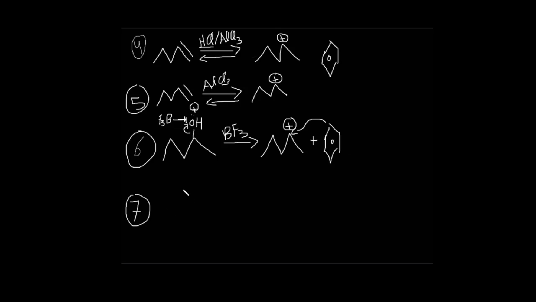Okay, and the last variation is actually the Friedel Crafts acylation, because we form an acyl group and not an alkyl group. So when you react your benzene with an acid anhydride, let's say we had CH3, so this is an acid anhydride.